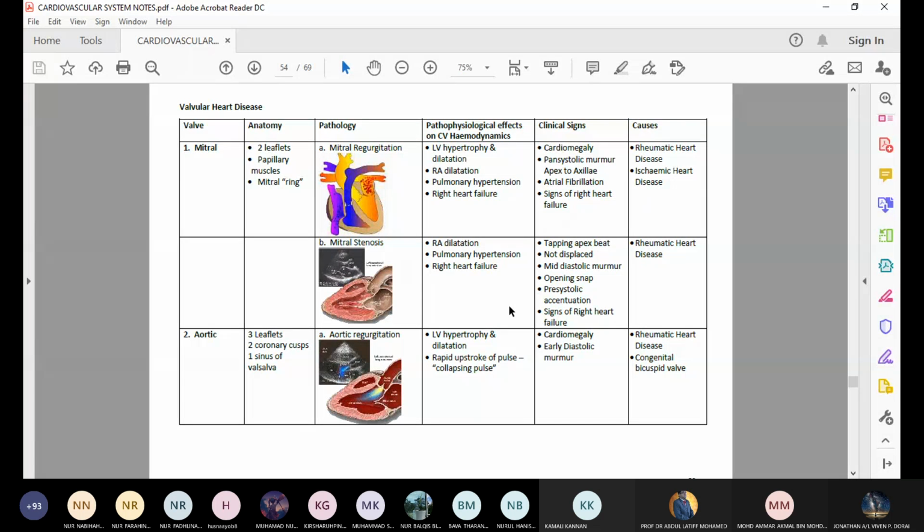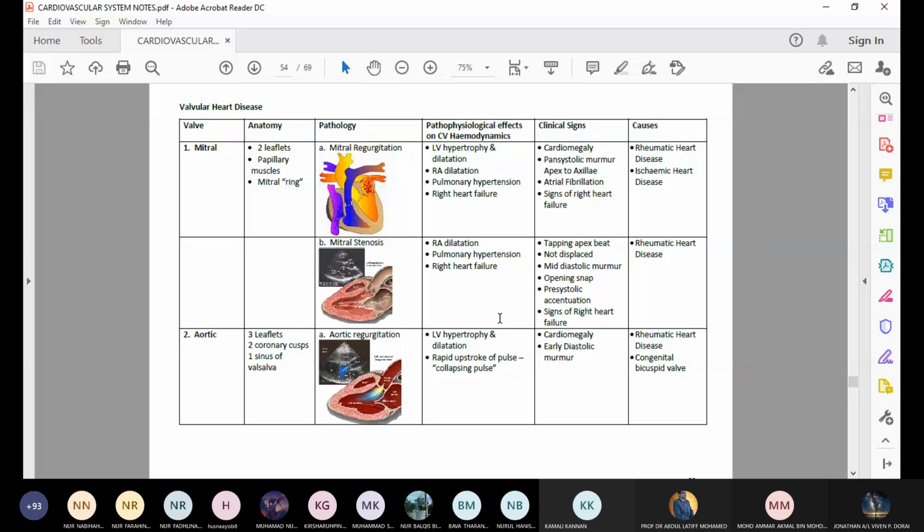Dah sempit, okay? So the chambers of the heart, the ventricles or the atrium, work extra hard because the blood is going everywhere, all the wrong way, okay?